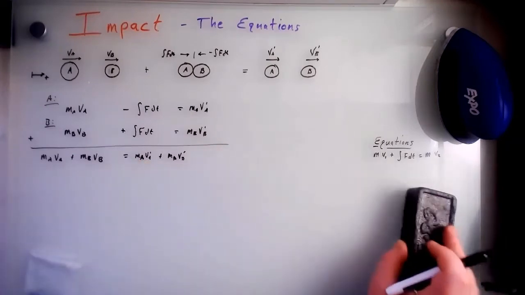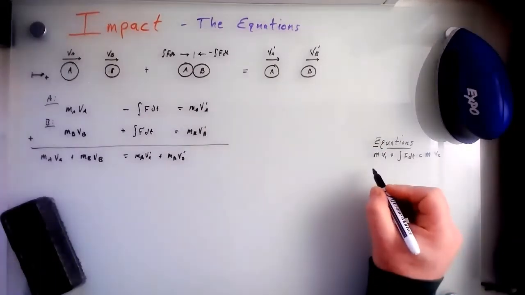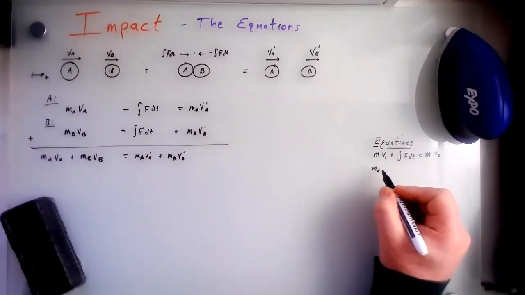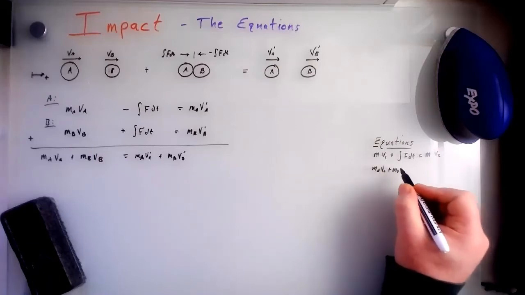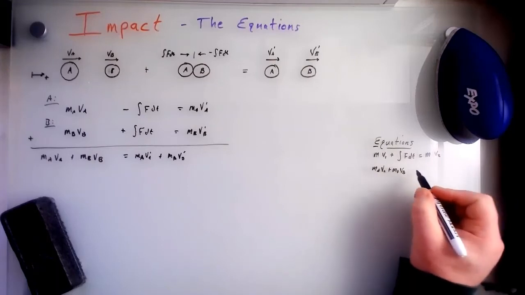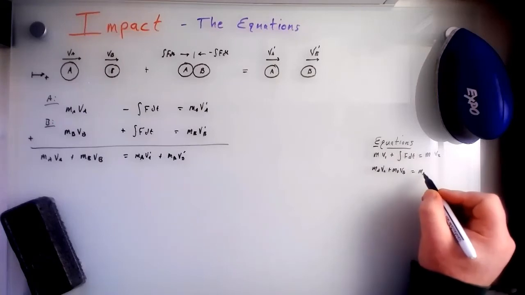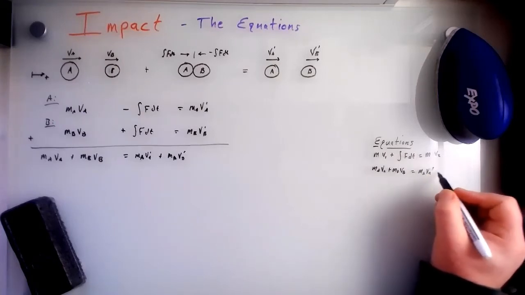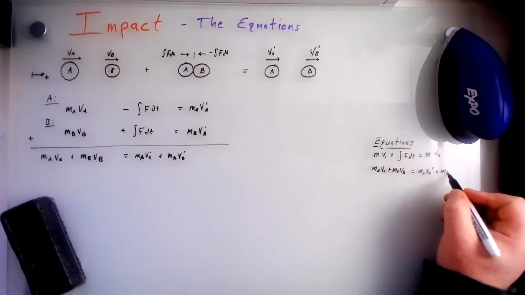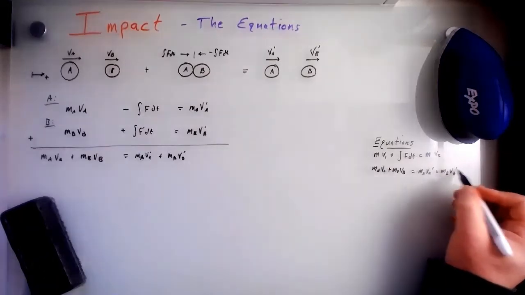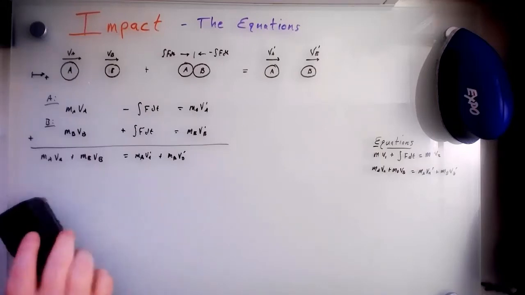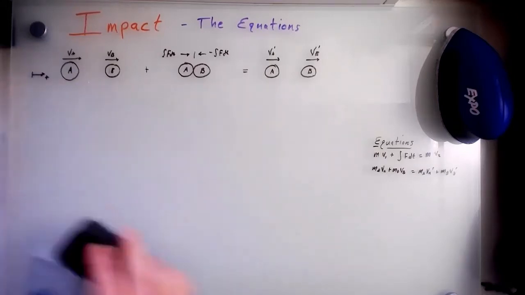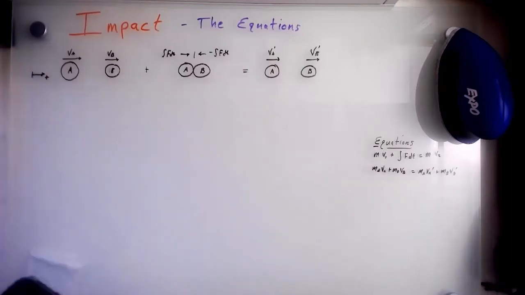So let's put this over here: mA vA plus mB vB equals mA vA prime plus mB vB prime. Super simple, that's an easy equation. All right, so that will get us one unknown in this situation.